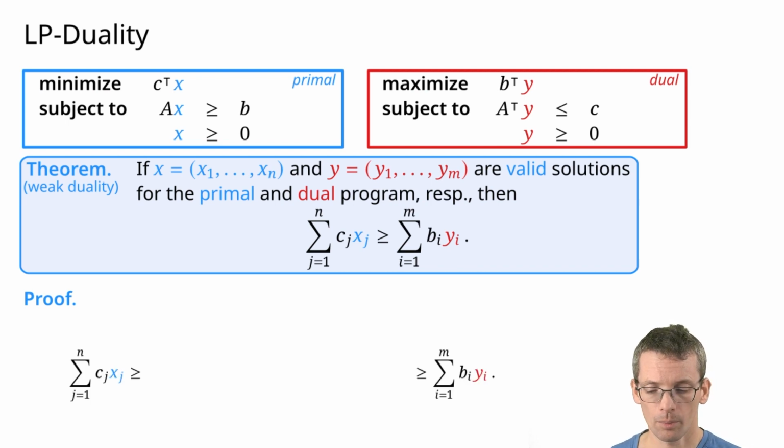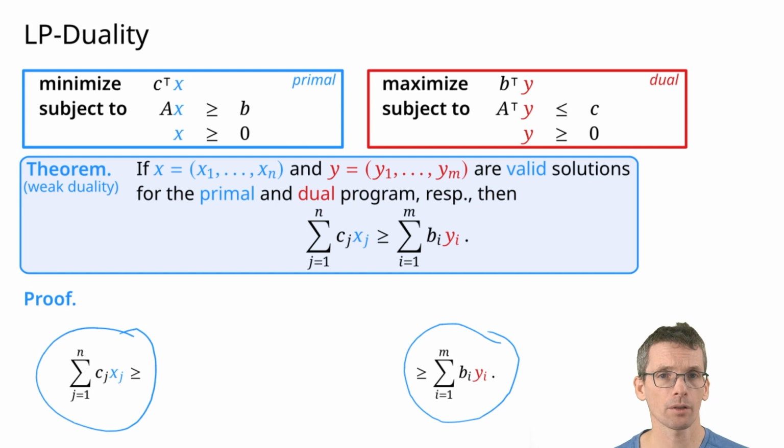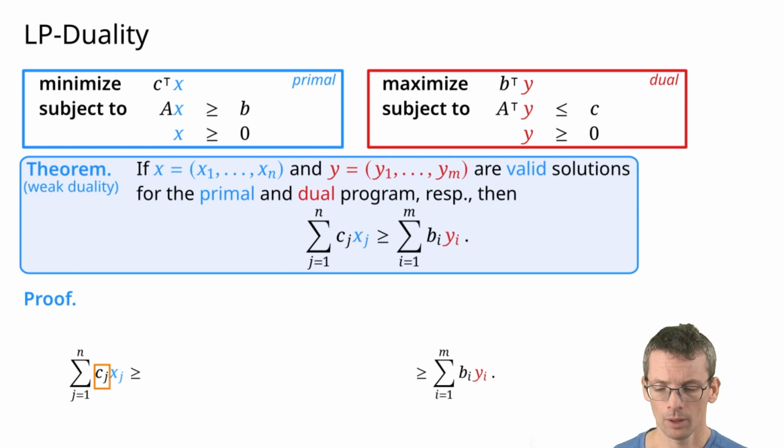So we want to bound this objective value by the dual objective value from below. And here we can simply use the constraints. So here we have the Cj.